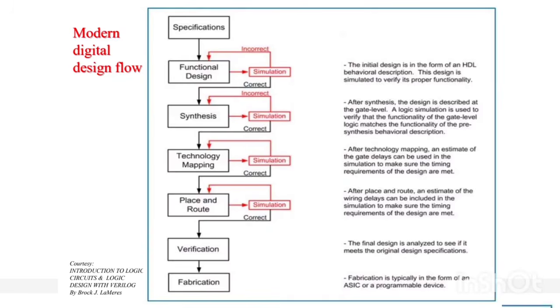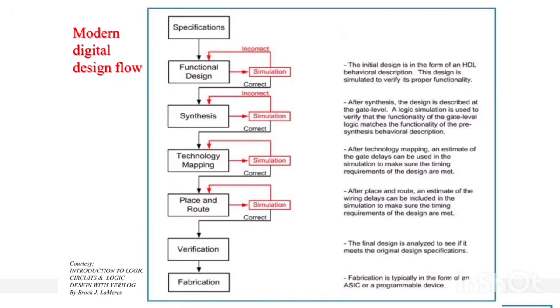If found correct, we move to the next step, that is technology mapping, and in technology mapping we need to manipulate the gate level netlist. Then once it's suited for the technology, simulation is also done to ensure the timing requirements are met properly, and if not, it is done once again.